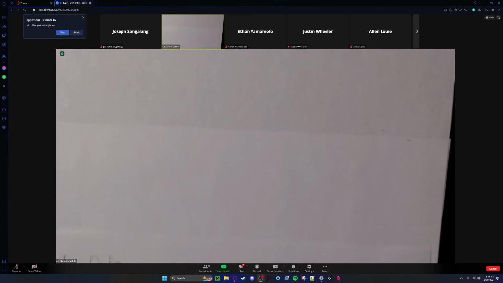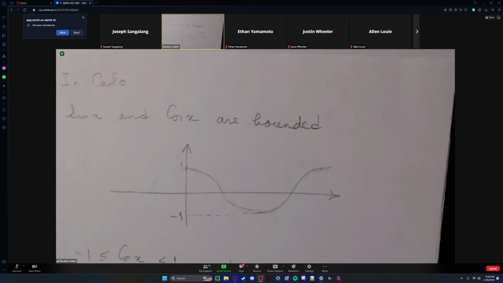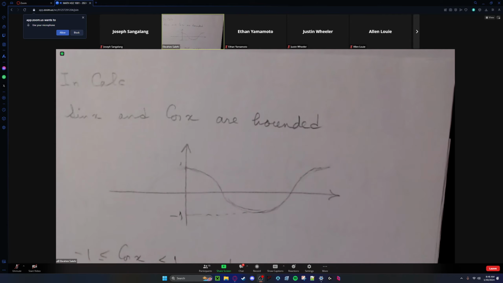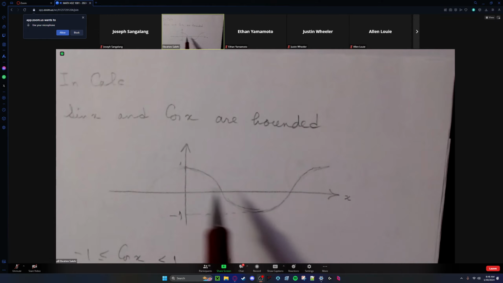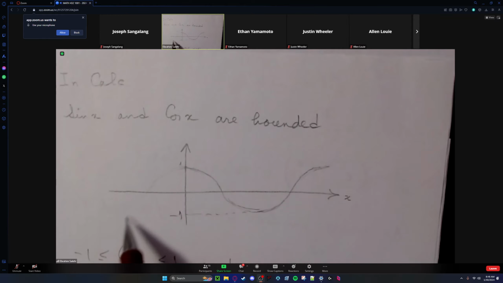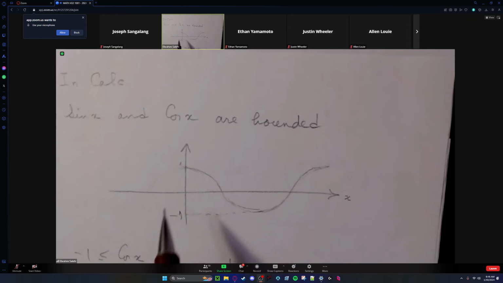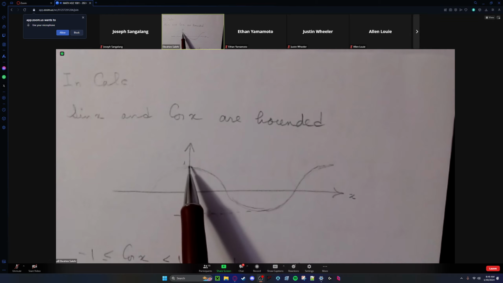Now, something to remember from calculus. In calculus, sine of z and cosine of z are bounded functions. Here's cosine z. Here's the x-axis, and it's y equals cosine z. It's an alternating function, right? But the values of the function, no matter what input, the cosine is always between 1 and -1.